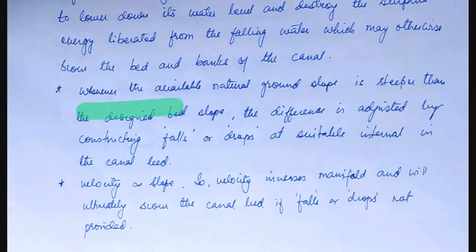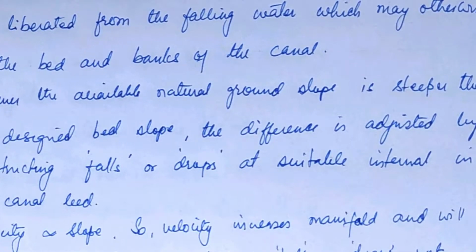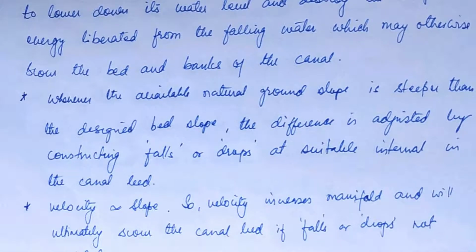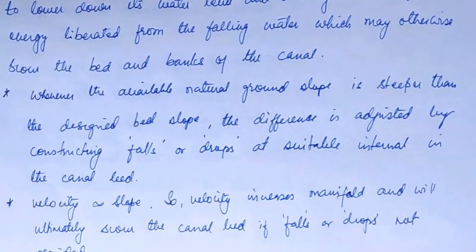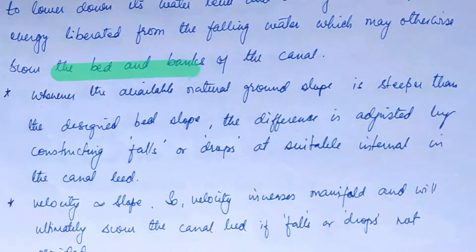Whenever the natural ground slope is steeper than the designed bed slope, that means somewhat like this, the difference is adjusted by constructing falls or drops at suitable intervals in the canal bed.